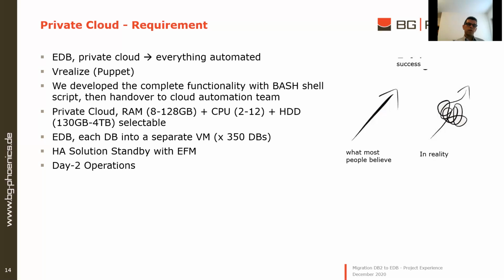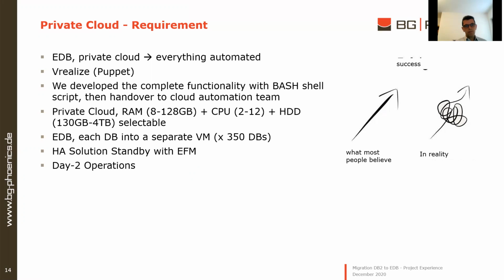As I said, it's all done in a private cloud, fully automated. The automation is based on VMware and Puppet code. We developed the complete functionality as DBAs with bash shell scripts, tested it, and then handed it over to the cloud automation team, and they implemented it in Puppet code.